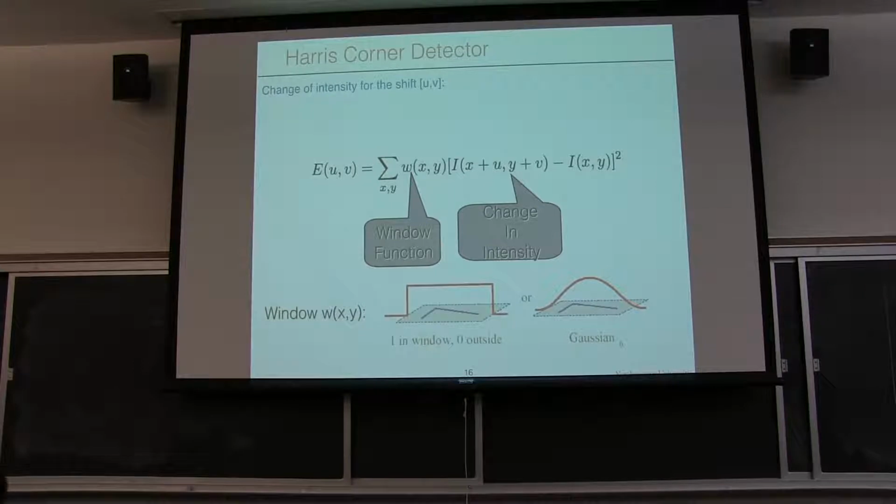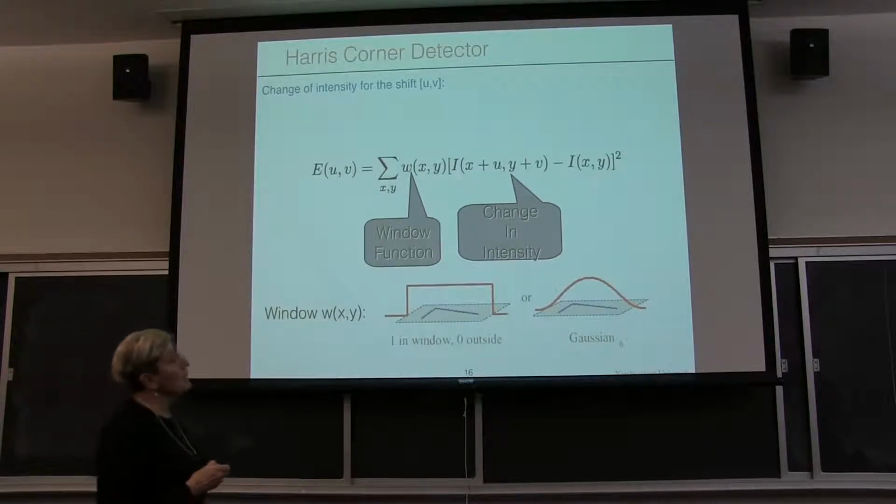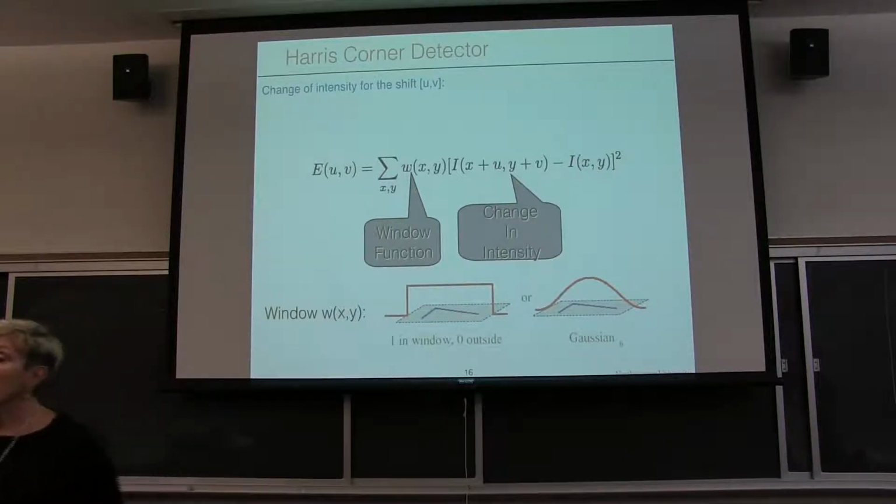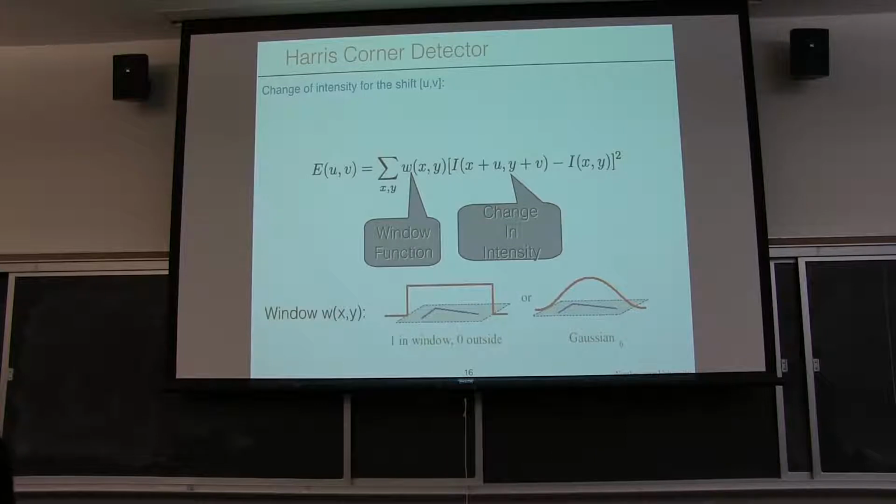Okay? So I have here the difference between the intensity value at location x and y and a nearby pixel, which is just a translation from x and y by u and v. Okay, u and v is typically small. It's the size of a small neighborhood. It would be 3 by 3, 5 by 5, 7 by 7.